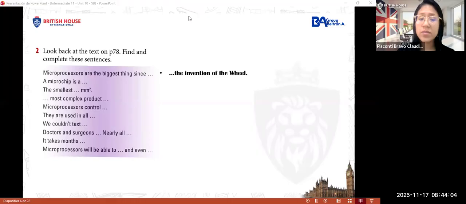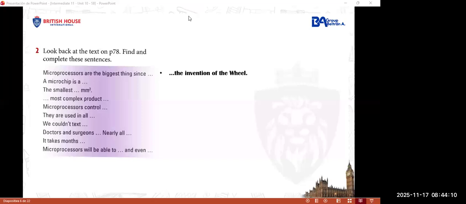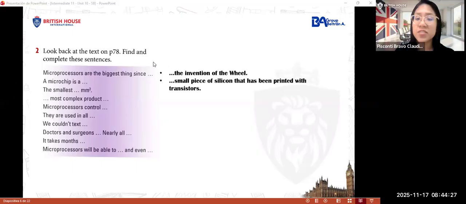Marjorie, continue, please, the second statement. A microchip is a small thin piece of silicon that has been printed with transistors. Transistors, yes, very well. Okay, excellent.